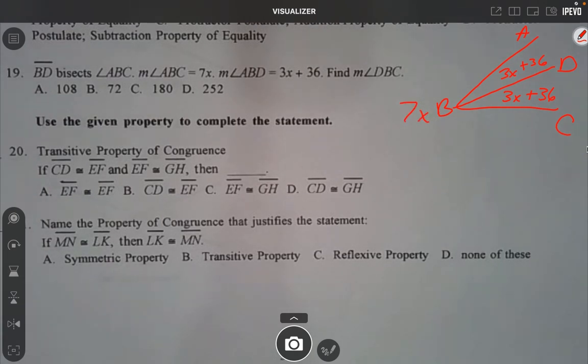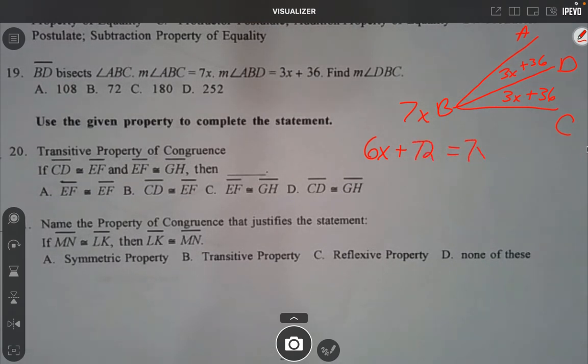So what can I do to find the missing angle? Well, this is angle addition postulate, right? I can add them together and they will be the whole thing, 7x. Well, what is 3x plus 3x? 6x. And what is 36 plus 36? 72.